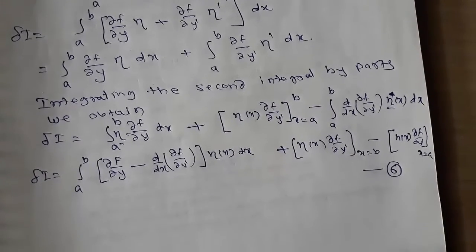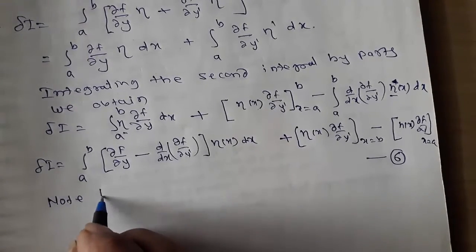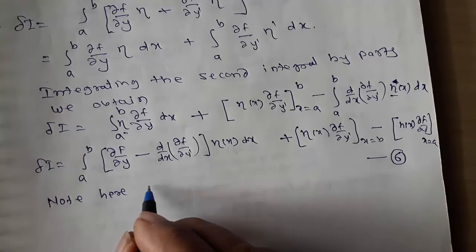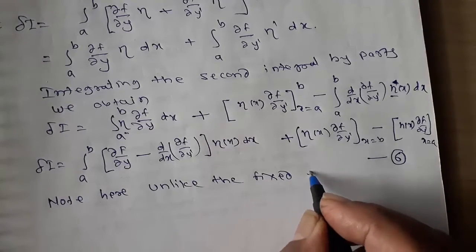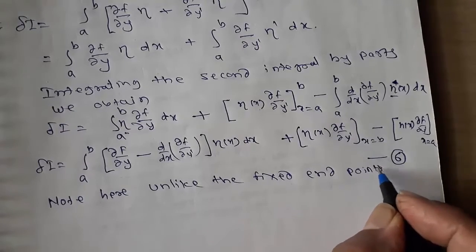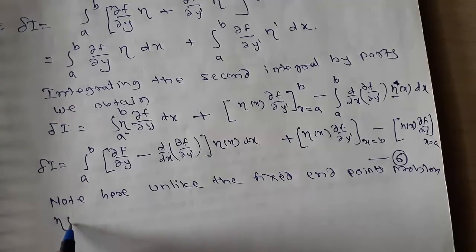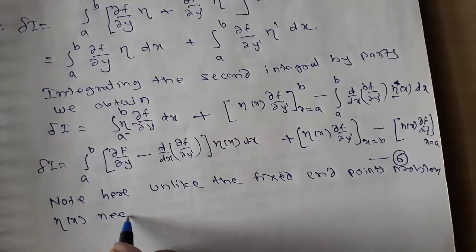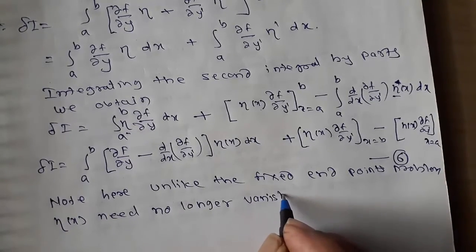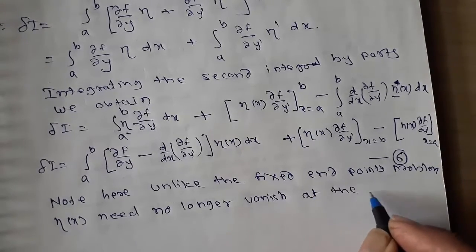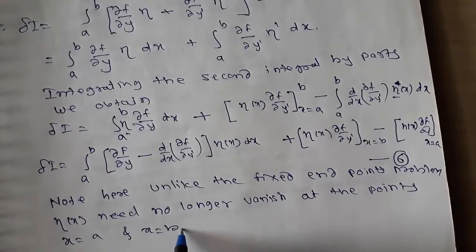Note here, unlike the fixed endpoints problem, eta x need no longer vanish at the points x equal to a and x equal to b.